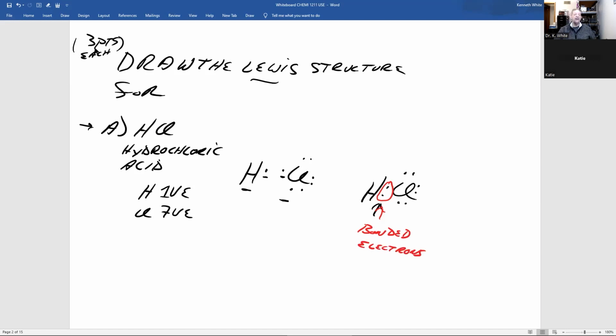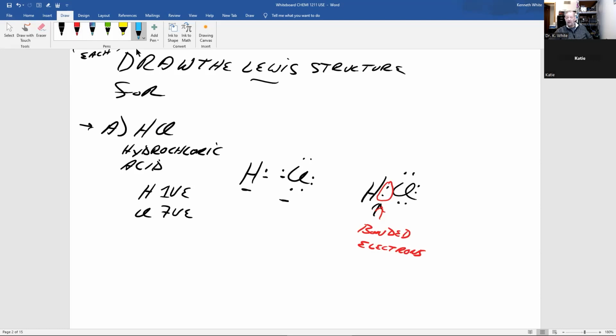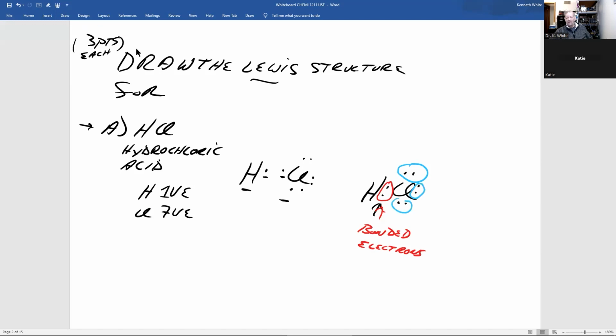If I had asked you in part A, circle the non-bonding electrons, and remember, they're always pairs, and in this molecule, those electrons are non, meaning not, are the non-bonding electrons.